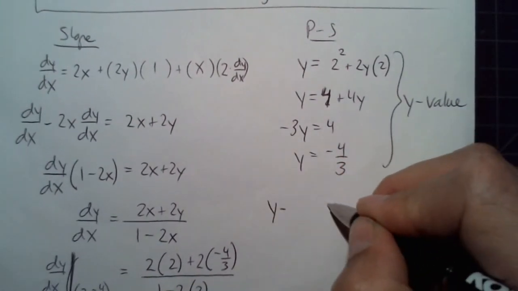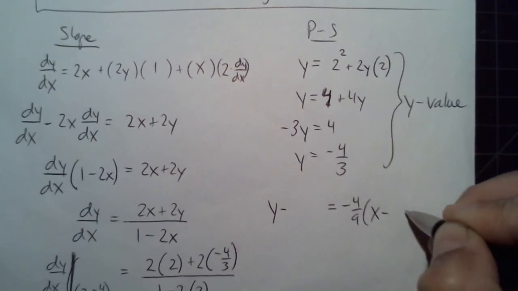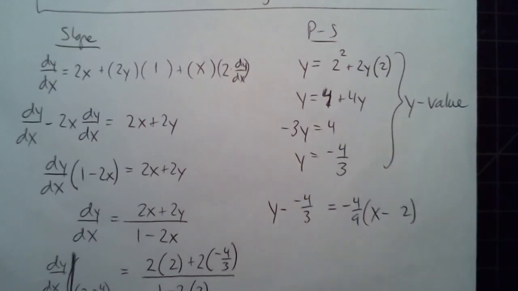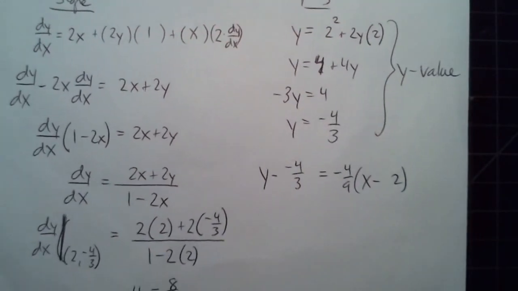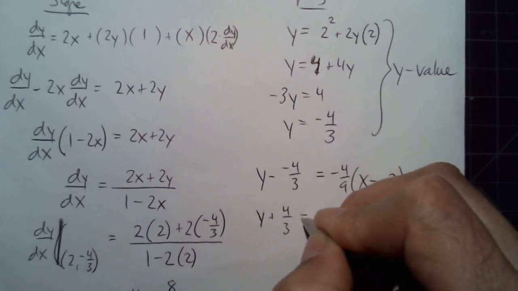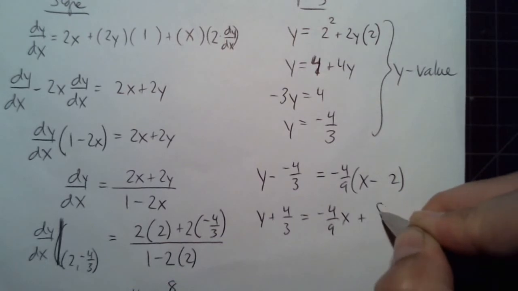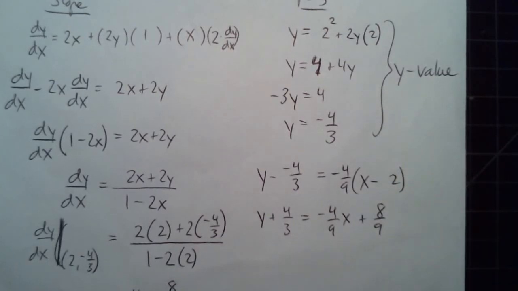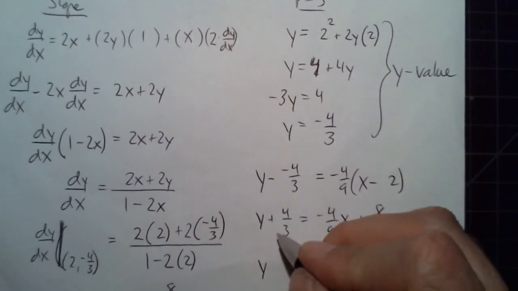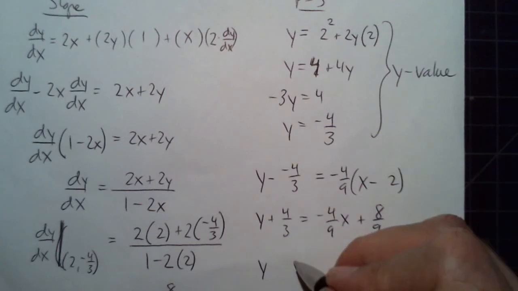Y minus a y value equals m times x minus x. The y value we found there, and subtract 4/3, but why don't we just write this as 12/9.